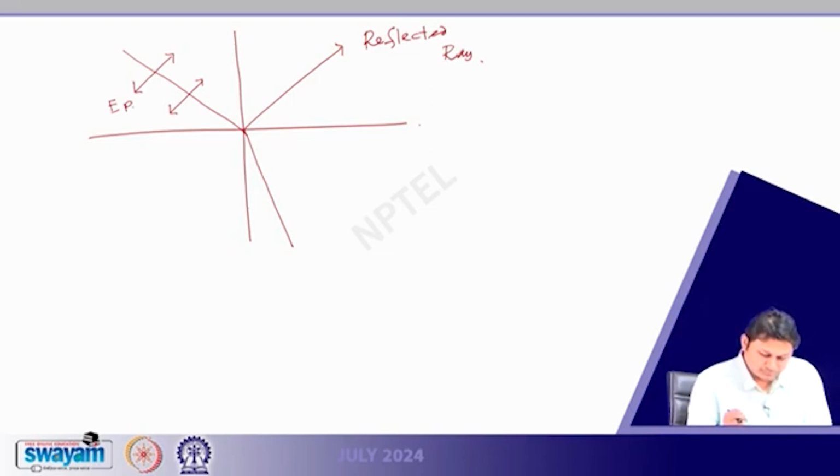Now in the transmitted ray there will be vibration along this direction, and we have the reflection. If I draw the parallel to the reflection, this angle is theta.